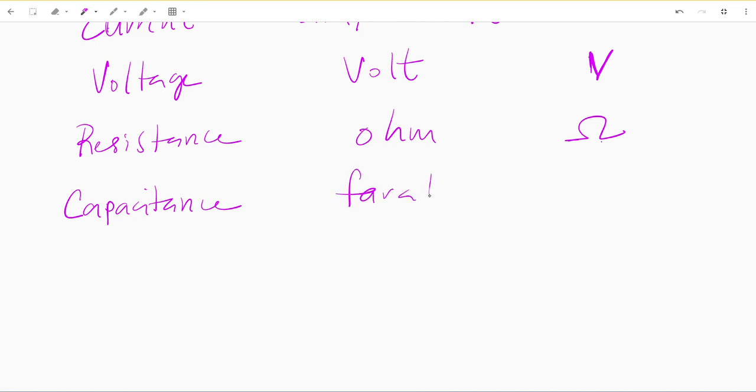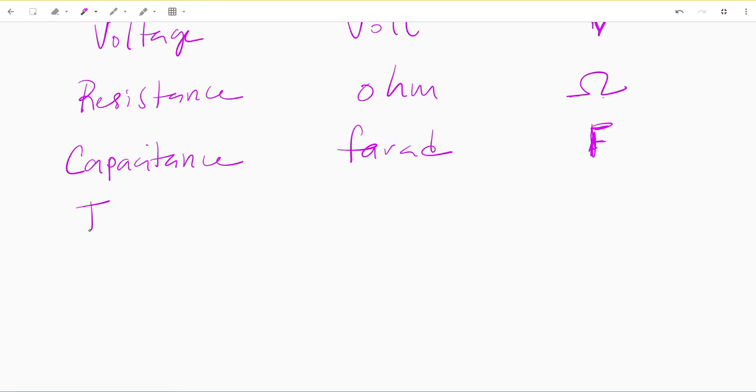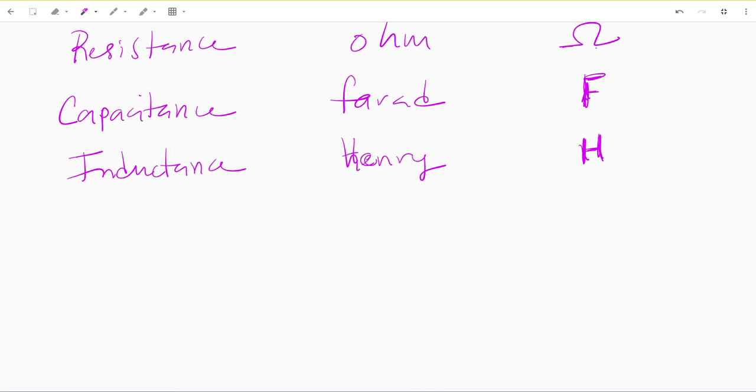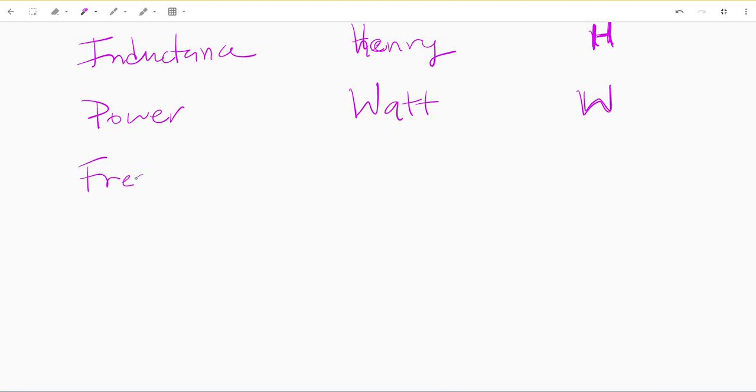The name is farad, and the unit is F. For inductance, the name is Henry, and the unit is H. And then next for power, the name is Watt, and the unit is W. And lastly, for frequency, the name is Hertz, and the unit is Hz.